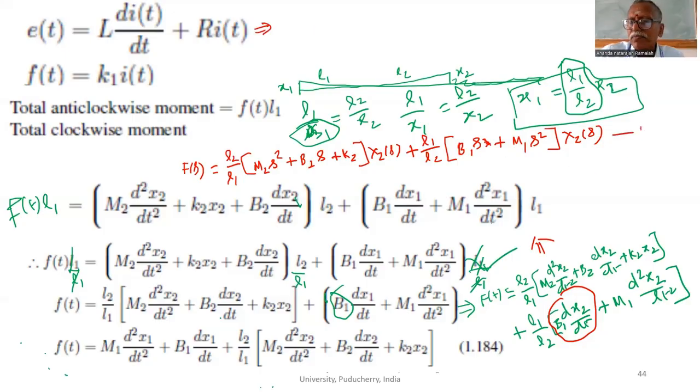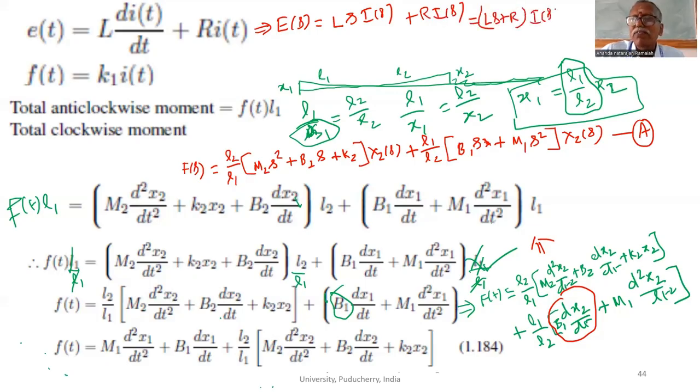Let it be A. E(s) equals L s I(s) plus R I(s), that is equal to (Ls plus R) multiplied by I(s). Let it be B.